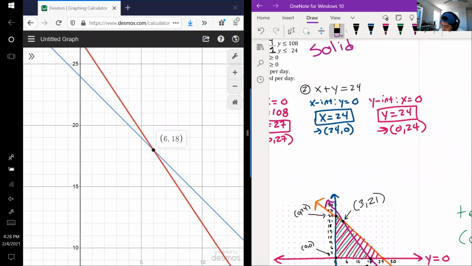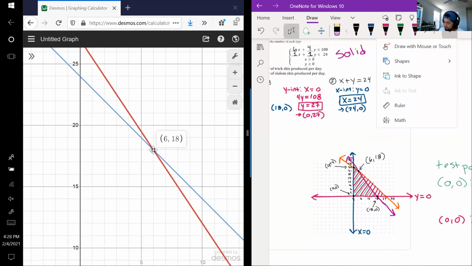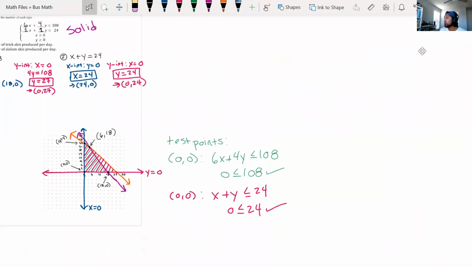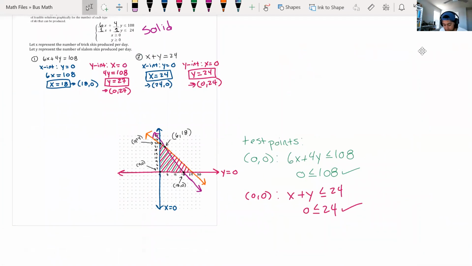So this one is 6 and 18. And there's our corner points. Desmos to save the day, right? Oh yeah. Less steps is good. Yep. Okay, so those are our corner points. We can label them, and we know our solution region.